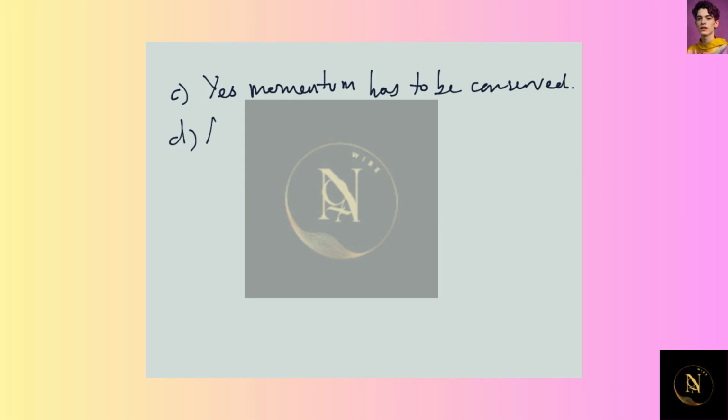Well, all of our forces in this system are internal. So with all these forces being internal in the system, you cannot change the overall momentum inside of the system. The momentum has to be conserved.